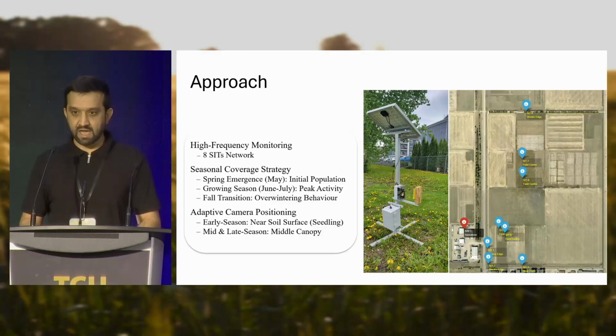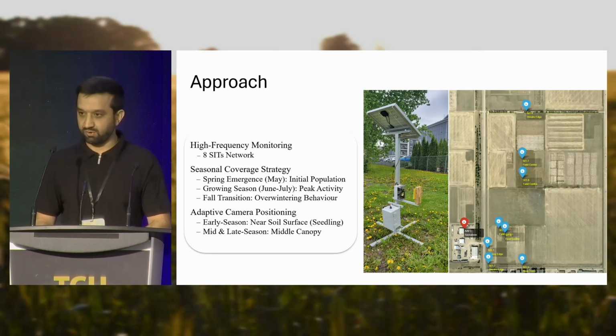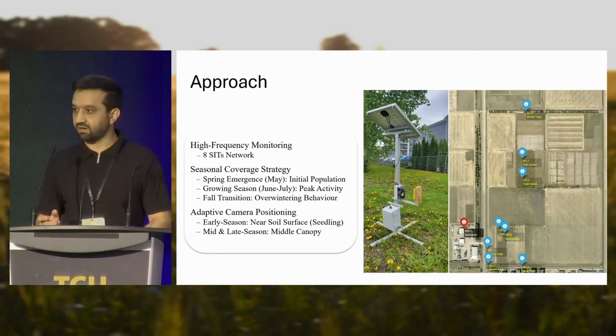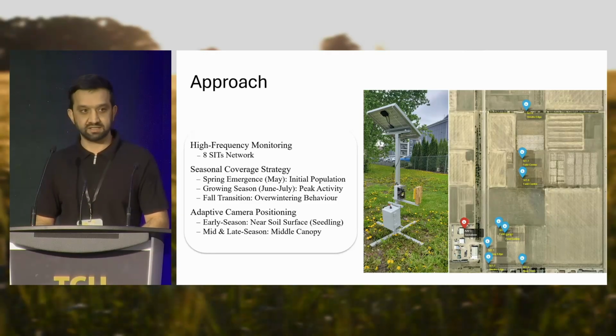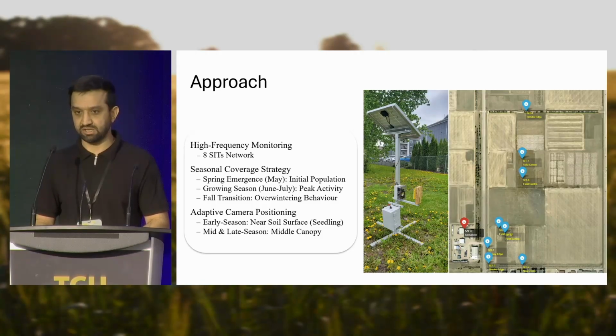So to capture the complete ecological picture, we designed the following strategies. We placed a network of 8 SITs, the smart insect traps, in the canola fields, in the AFC field here in Saskatoon, to collect high-frequency temporal data.